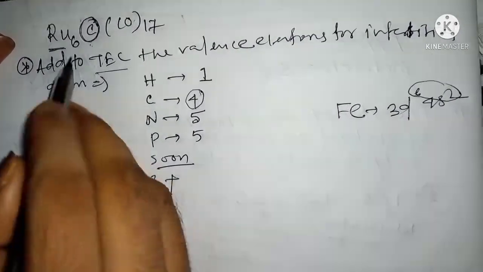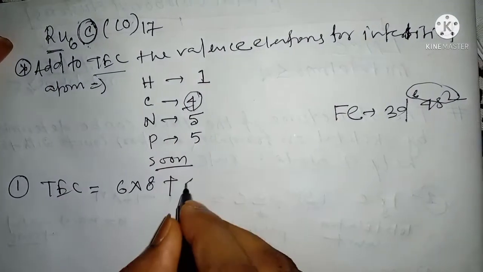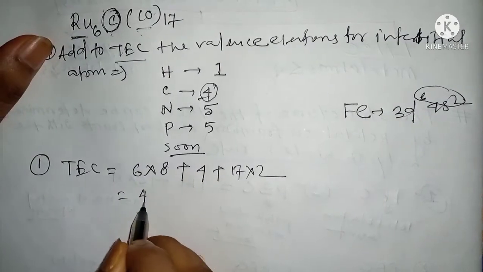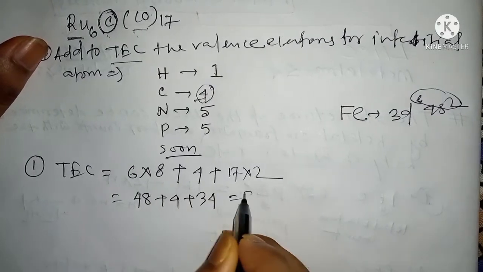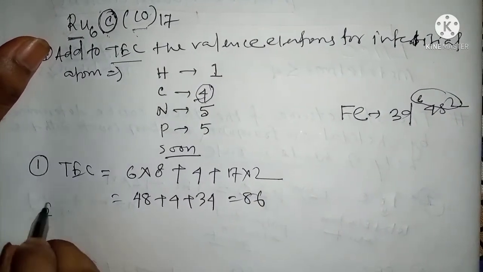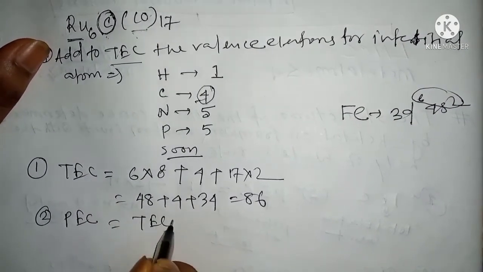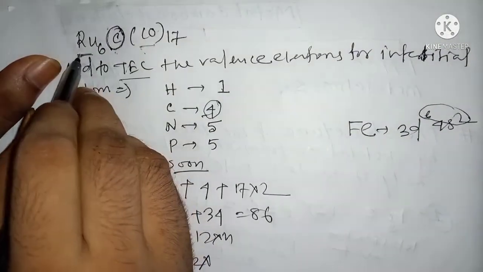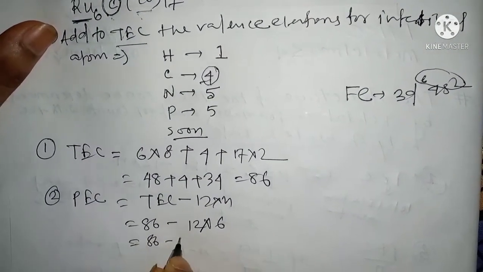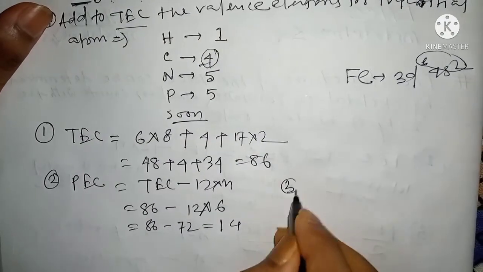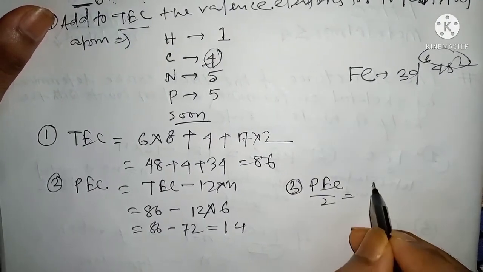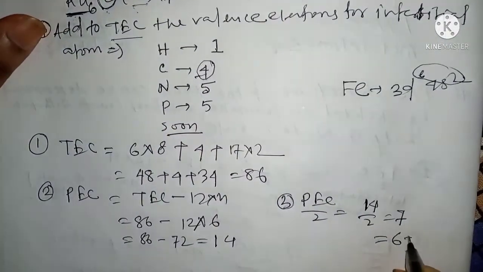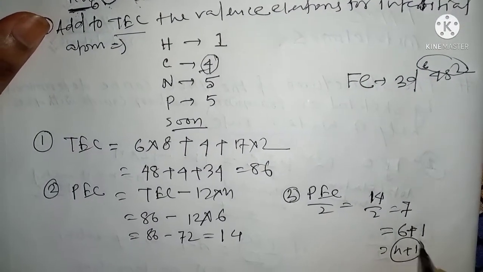So 8 into 6, plus this carbon is interstitial so it contributes 4 electrons, plus CO 17 into 2, equals 48 plus 4 plus 34 equals 86. Then polyhedral electron count equals 86 minus 12 into 6, which is 86 minus 72 equals 14. Then 14 by 2 equals 7. The number of metal atoms is 6, so 6 plus 1 equals 7. This is the n plus 1 rule, so this is a closure metal cluster.